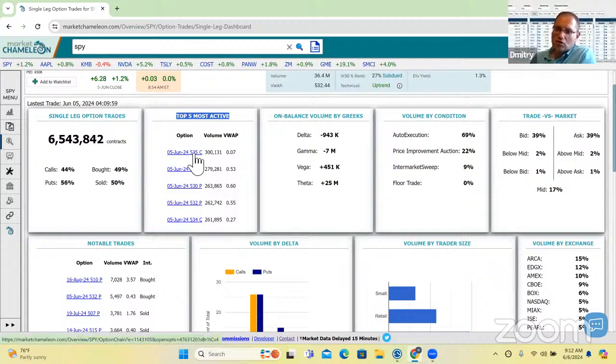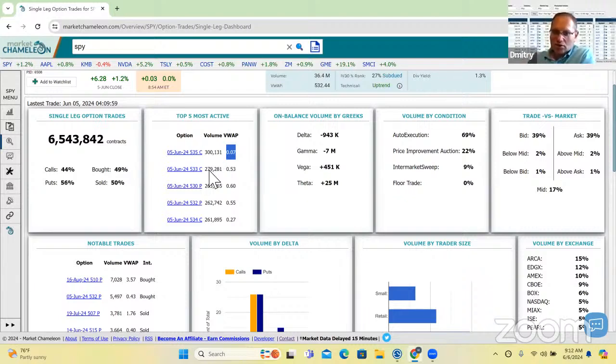So you can see here, June 5th 535 call traded 30,131 contracts just in single legs for a VWAP price of 7 cents. This is the volume weighted average price of all those single leg contracts in that call.